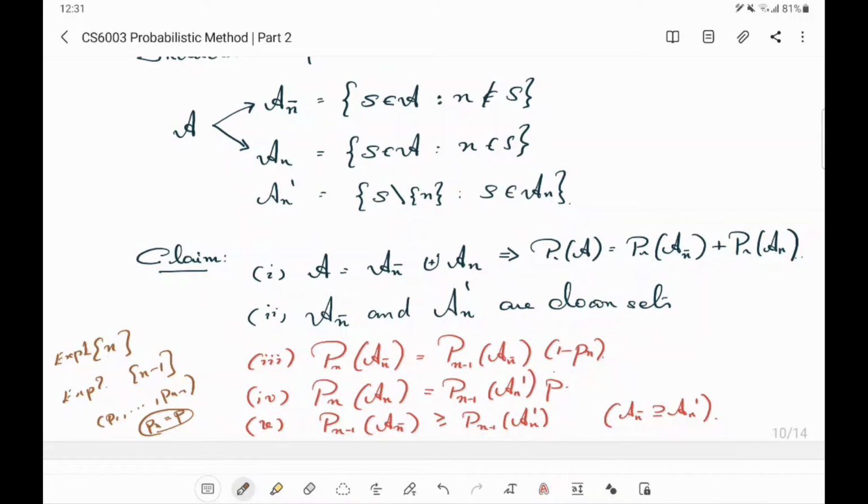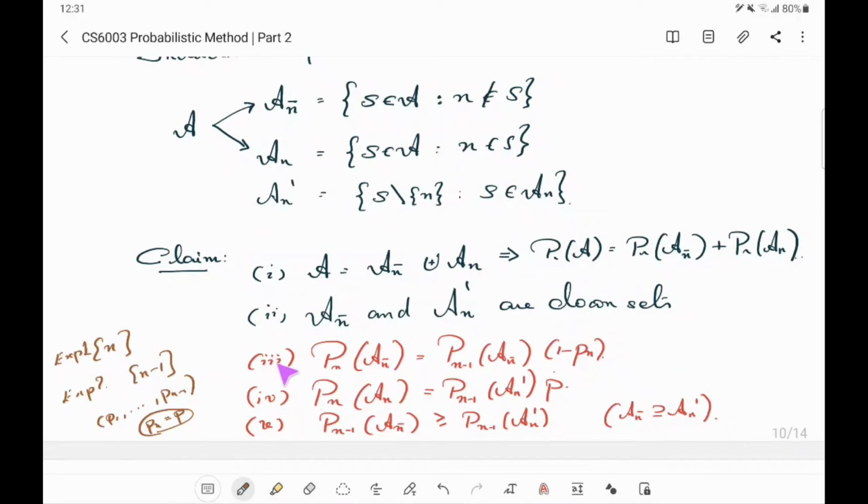But this is more important. When you are considering two random experiments, the probabilities associated with the same event may be different. That is why I use P_n and P_{n-1}. There is a subscript to the probability itself to make that difference.